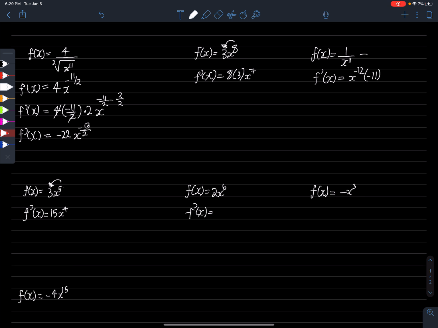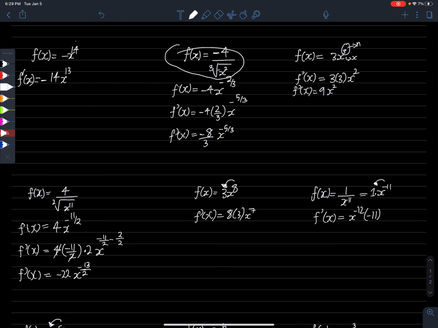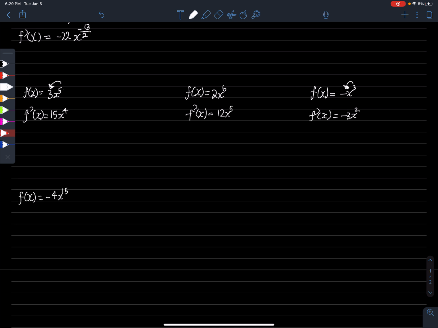So this is actually what this is equal to. X to the negative 11. So we'll imagine there's a 1 here. Multiply this to this, subtract 1. Same thing throughout. Multiply this to that negative 1 in the front, subtract 1. So this one, 12 x to the 5, negative 3 x to the 2, multiply it in, subtract 1.